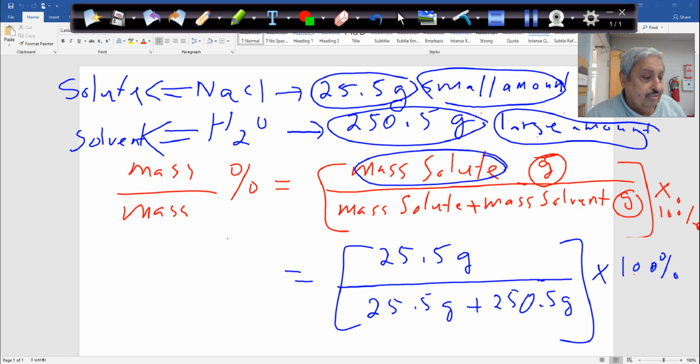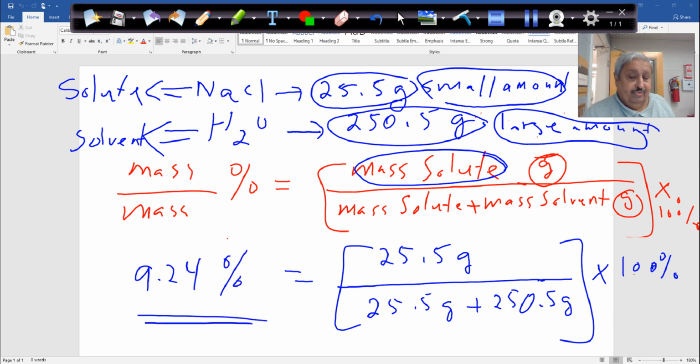So how much is the whole thing? Yes, 3 sig figs. The answer is 9.24%. Okay, that's 3 sig figs, because this is 3 sig figs, correct?